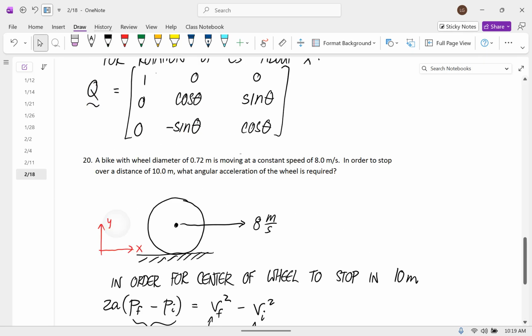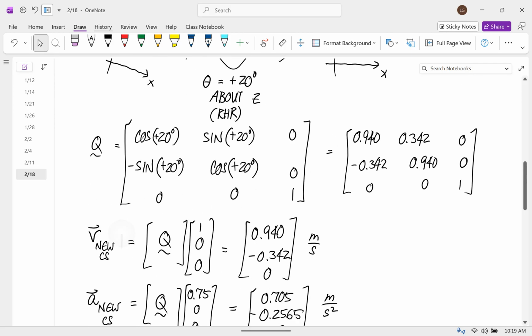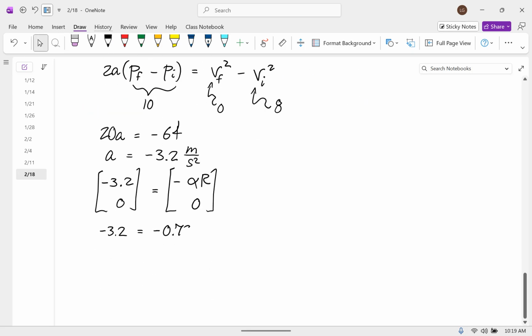Oh, no. I did this yesterday when I was talking about this to James, too. Be careful with radii and diameters. This one says that the wheel has a diameter of 0.72. So the radius that we want is actually 0.36.